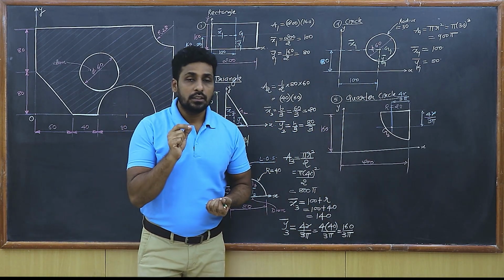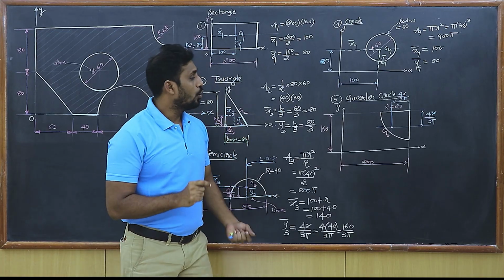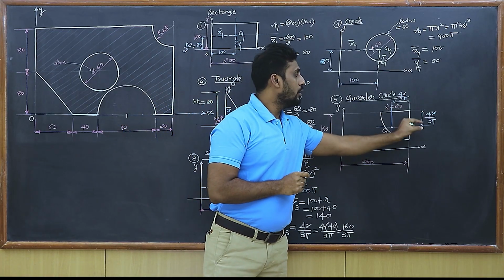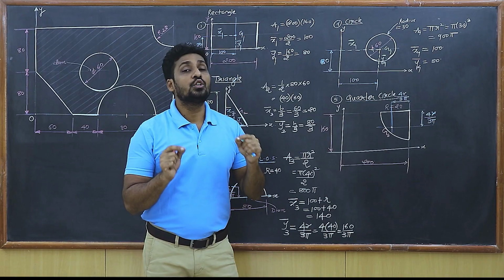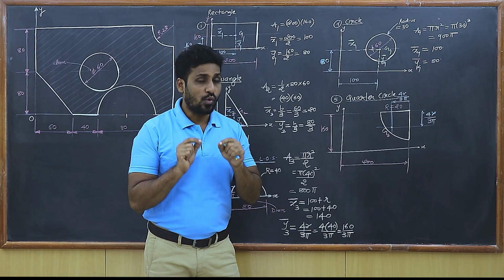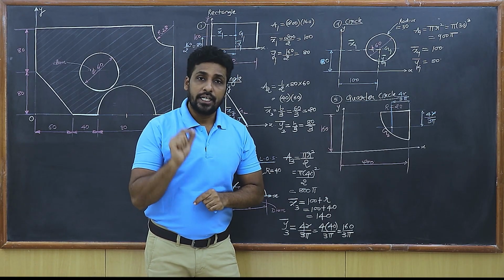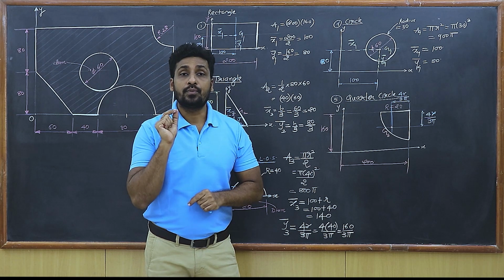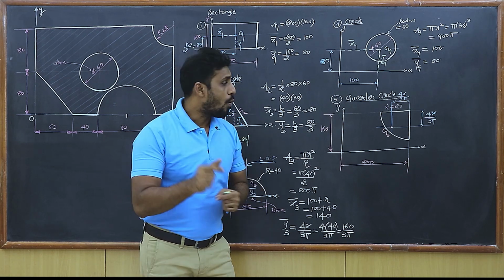Now students, the centroid G5, even though I have got the distance is 4r upon 3 pi, this is not x bar and y bar. You got to understand the location of the centroid should always be taken with respect to the original x and the y axis.